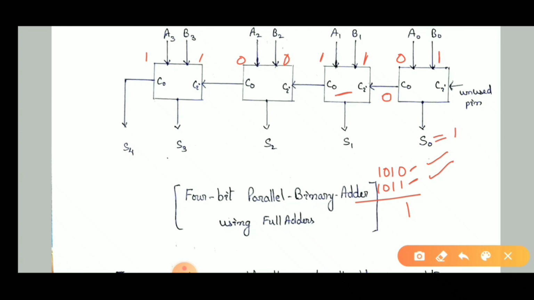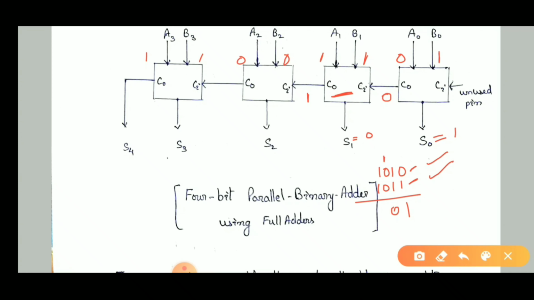Again, observe the second full adder. You have to add 1 plus 1. That is 1 0. You have to put 0 here and 1 here. That means the sum is 0 and the carry is 1.